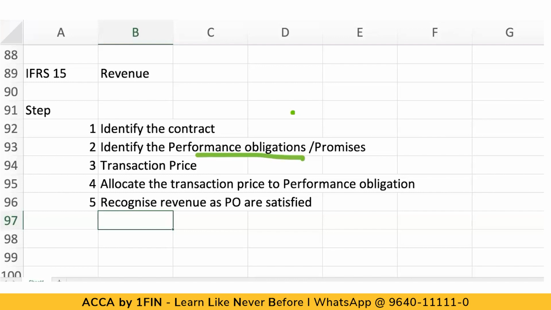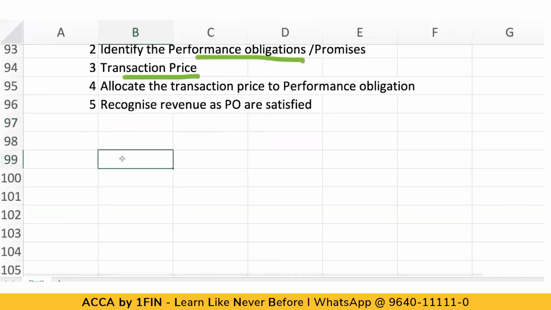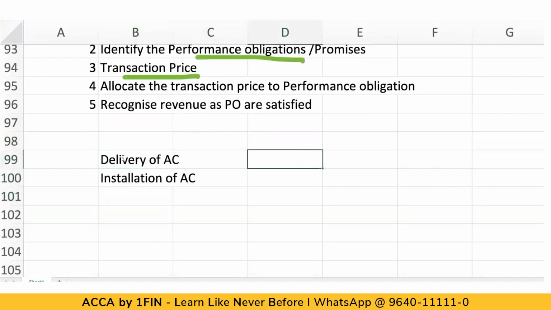So what the standard says is, you identify the transaction price, meaning the amount payable. Then, if there are two performance obligations, allocate the transaction price to those two. So, for example, delivery of AC and installation of AC on a standalone basis.